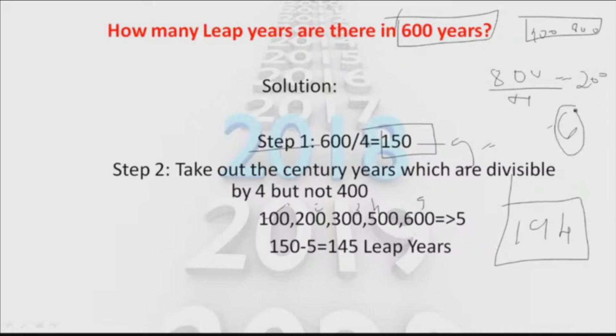Because 100, 200, 300, 400 is a leap year, 500, 600, 700. So you have 6 years which are non-leap years, so you're just subtracting 6. So 200 minus 6 will give you 194. Is this concept clear? Can you all check how many leap years there are in 1200 years?